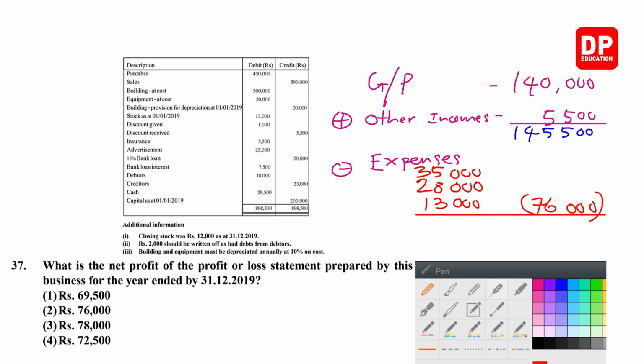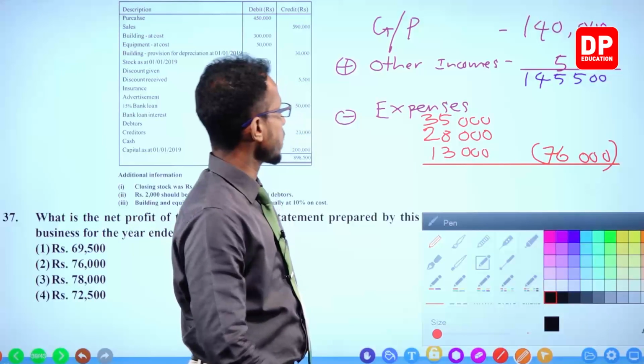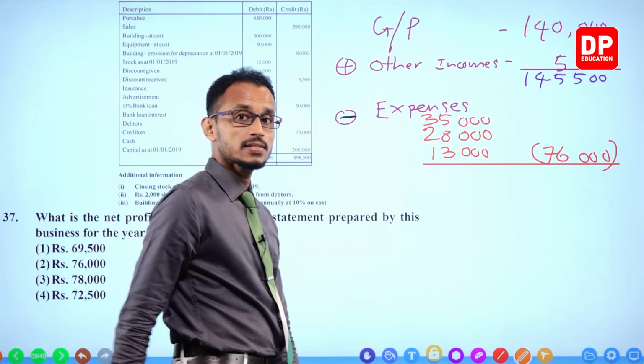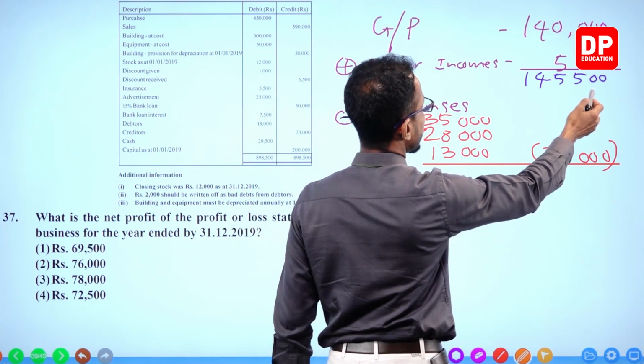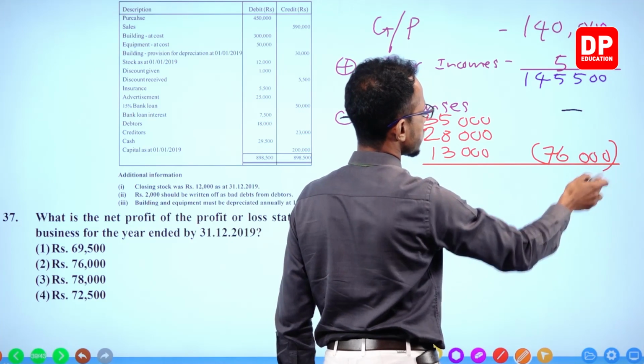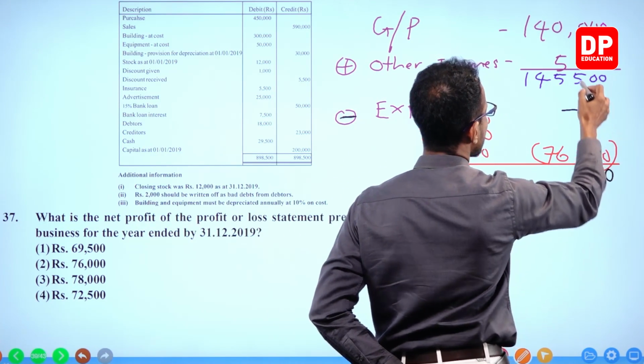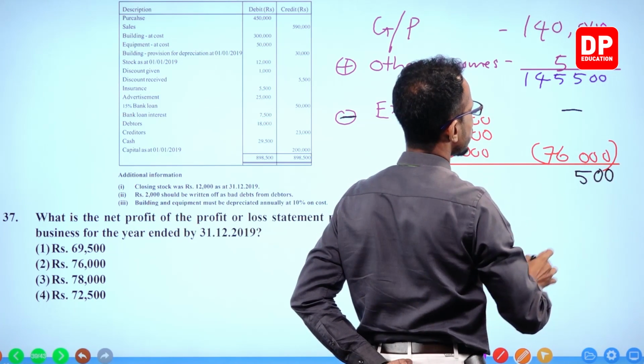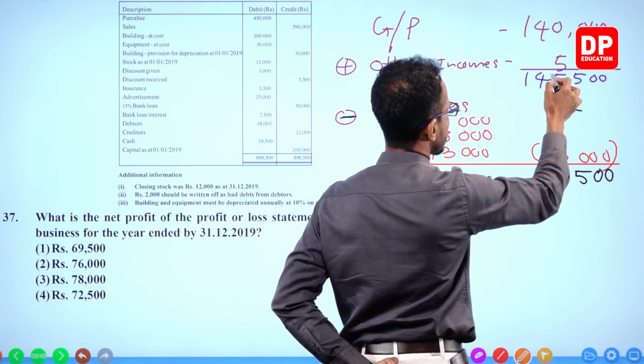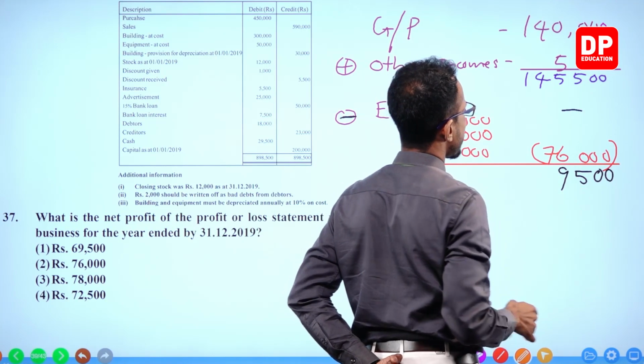Get your net profit by subtracting the expenses. 145,500 minus 76,000. 0 minus 0, 5 minus 0, 5, 5 minus 6, 9.